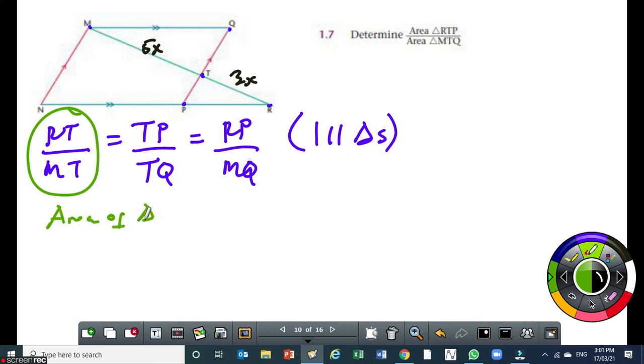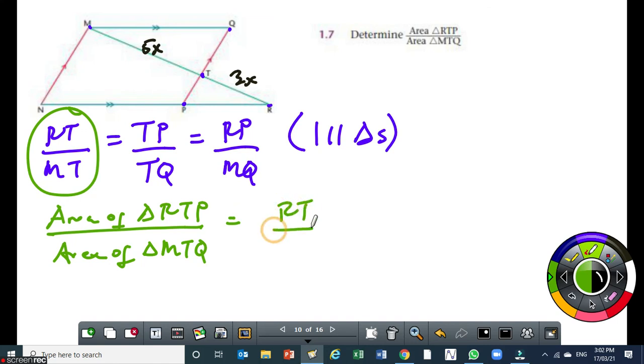So I'll write the area of triangle RTP over the area of triangle MTQ is going to be equal to RT over MT squared. And this will be equal to, my RT is 3x, my MT is 5x.